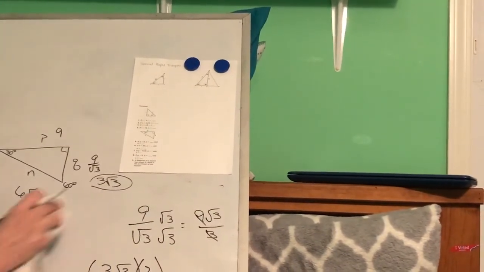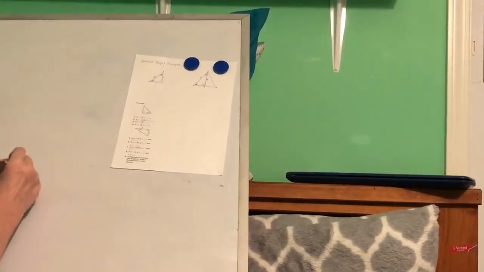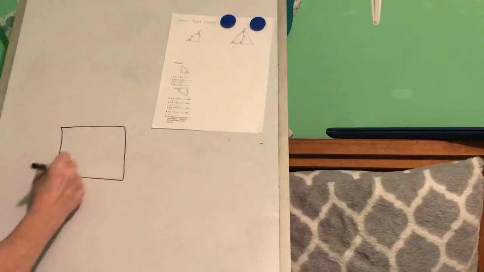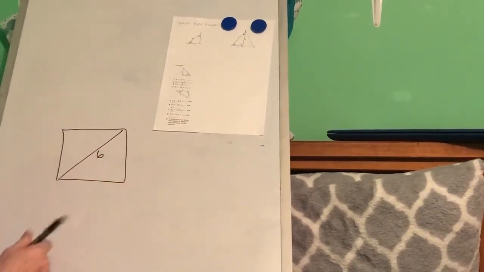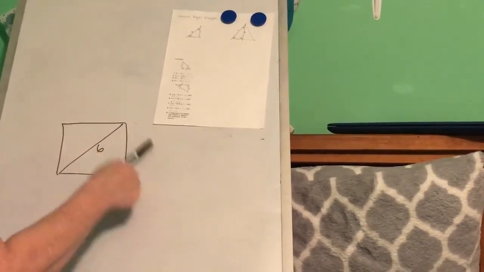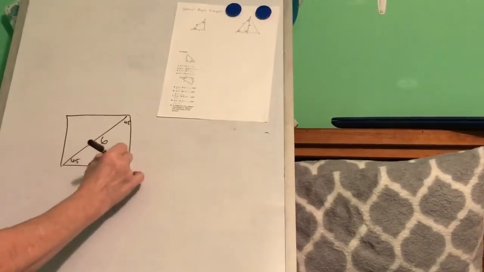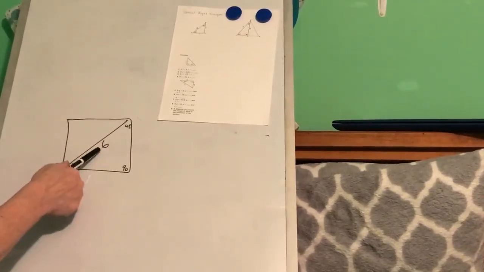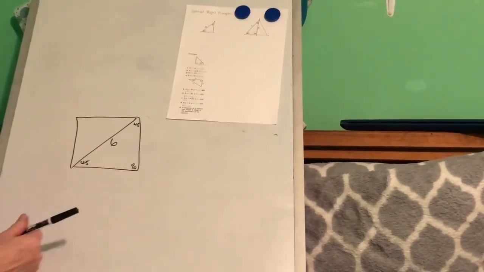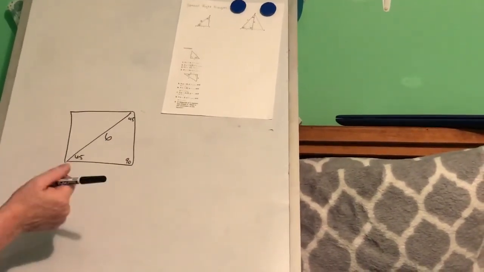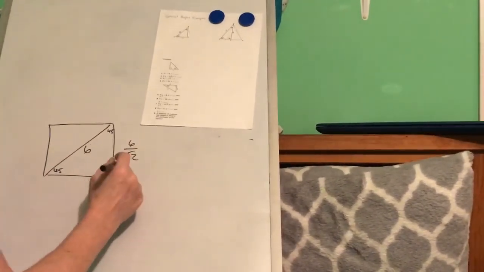The final problem, you need to draw your own square, and it says that the diagonal of a square is going to be 6. I want to find the perimeter of the square. So the first thing we realize is that we have created a 45, 45, 90 triangle with a hypotenuse of 6. So to get one of the sides, we're going to divide by what? 6 over the square root of 2.